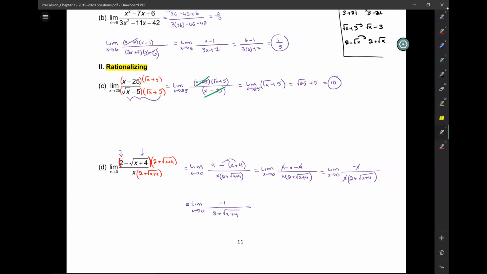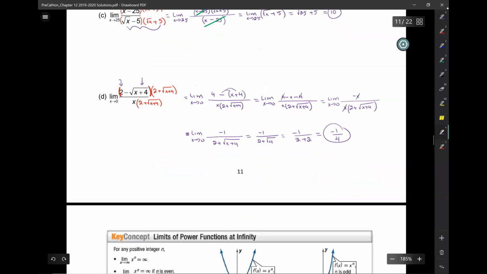I plug in the 0: negative 1 over 2 plus root 4, because it's x plus 4, so that's 0 plus 4. Negative 1 over 2 plus 2, negative 1 over 4. Lovely.